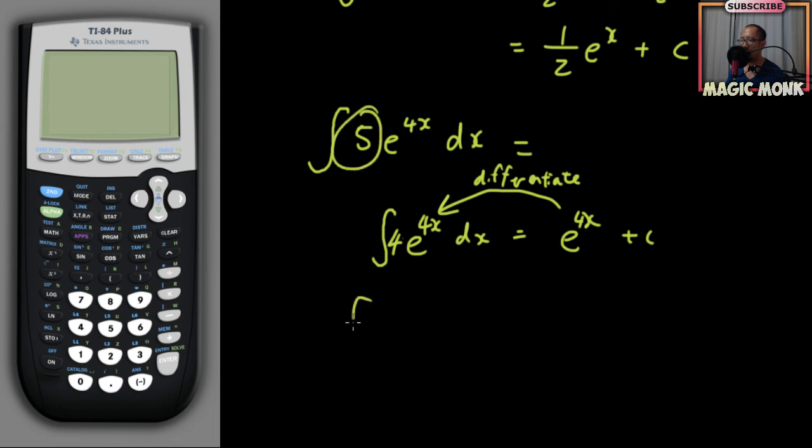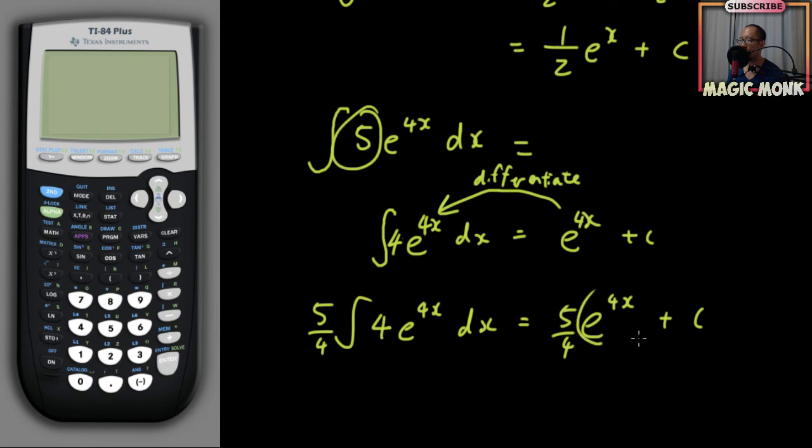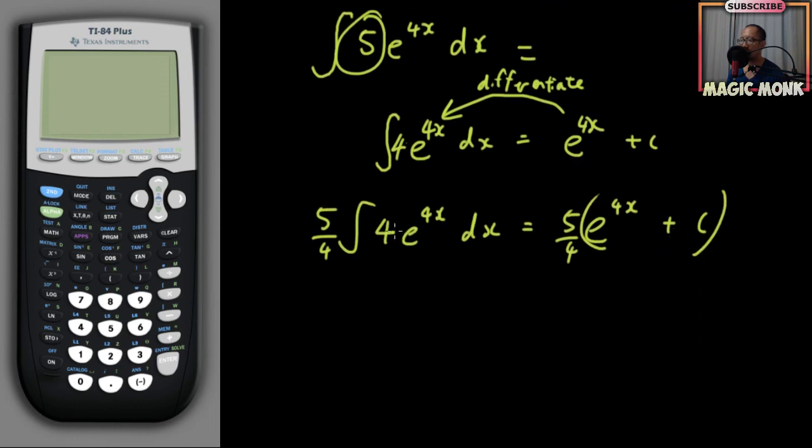So what you're going to do is multiply both sides by 5 over 4. And the reason for that is because then you can cross out the 4's and then multiply the 5 in, so it's 5e4x dx equals 5 over 4 e to the power of 4x plus c. So there's your answer.